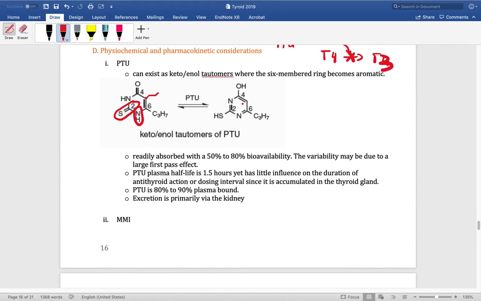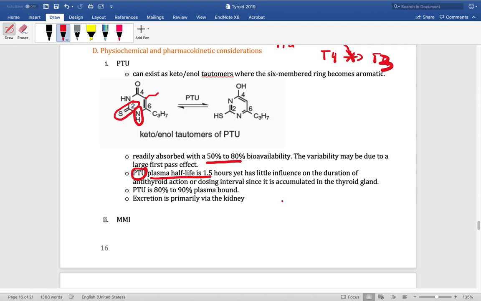Now, propylthiouracil is readily absorbed, with 50 to 80% bioavailability. The variability may be due to a large first pass effect. It has a plasma half-life of 1.5 hours.